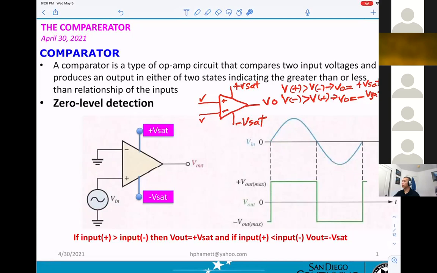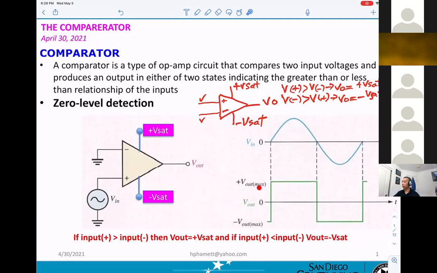When V in is positive compared to ground, the positive input will be higher than the negative, so the output will go to V saturation. That's why you can see right here V output goes to the V saturation.